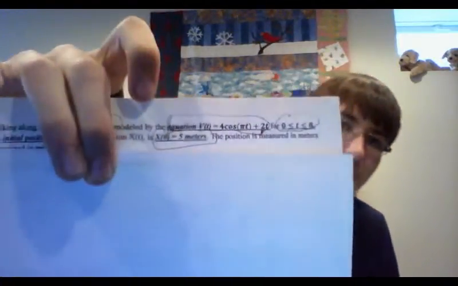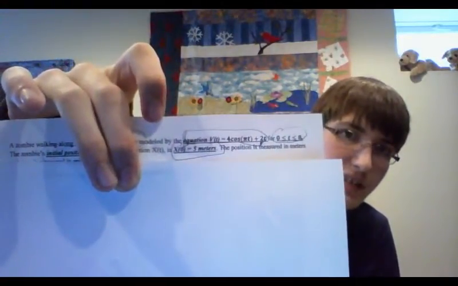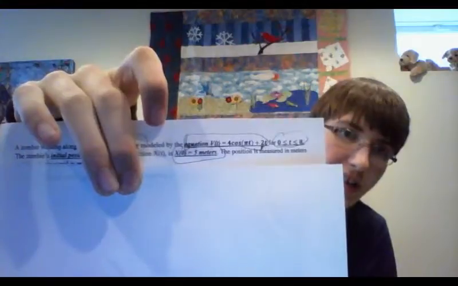Well, what's c? Now we got to solve for c. But how are you going to solve for c? You don't have anything, but you do. Remember, position at t of 0 equals 5 meters, and that's on the position graph.